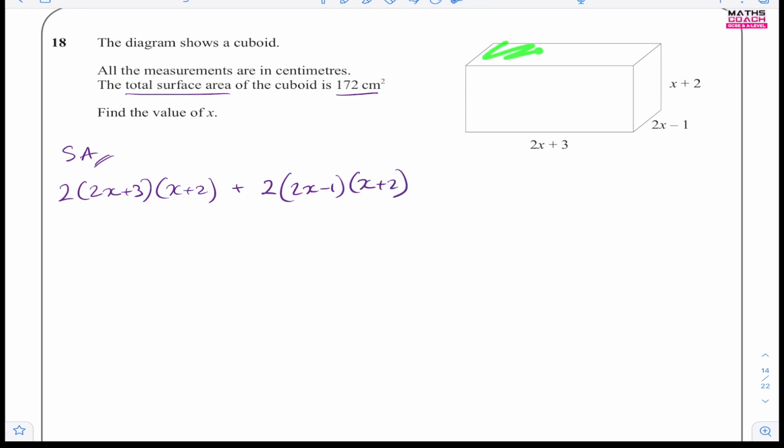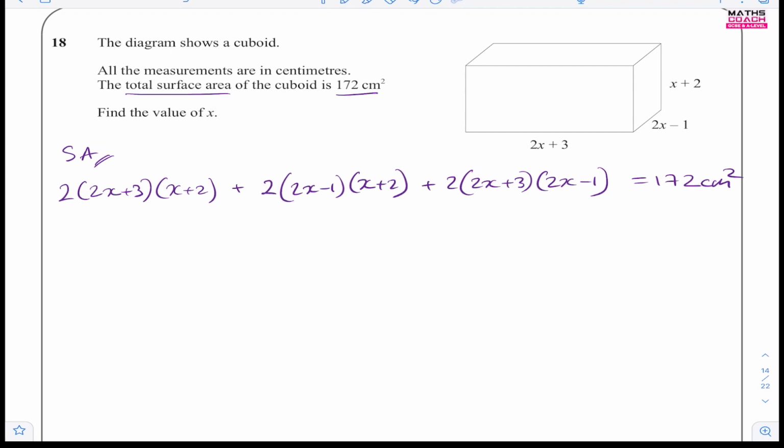And finally, we're going to work out this face right there, which is the same as what's on the bottom right there. So these two will be multiplied. So 2 lots of 2x plus 3 and 2x minus 1. Now all of this is of course equal to 172. So we can write that right there like that.